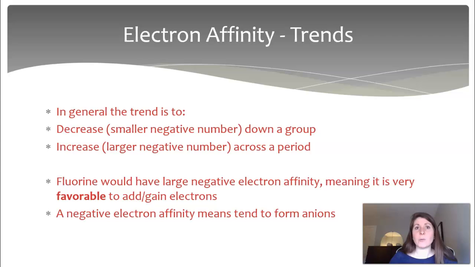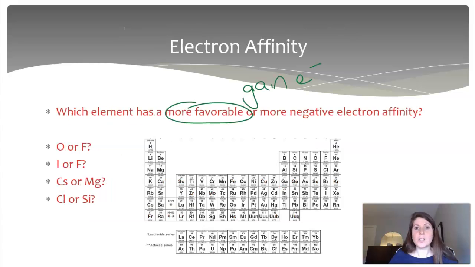We've talked about how fluorine is really, really reactive, and it really wants to gain that electron. This is because it has a high electron affinity and a really big attraction for those electrons. If some element has a high electron affinity, meaning a very negative electron affinity, then it tends to form anions.